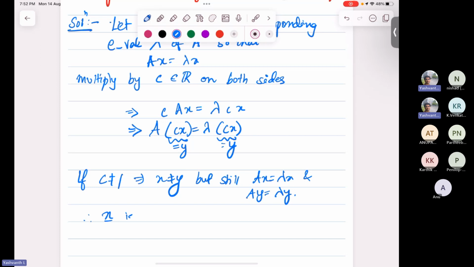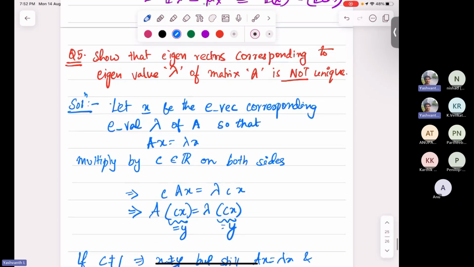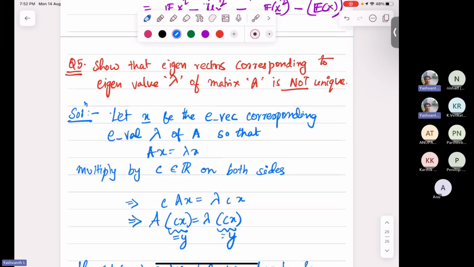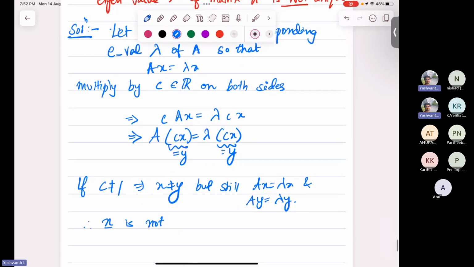Therefore, x is not unique. You cannot have just one eigenvector x corresponding to eigenvalue lambda such that Ax equal to lambda x. How is y related to x? It's a scaled version of the vector x, which gives another vector y. And I did not restrict to any particular real number. It's any real number. So let's say x equal to 1, 2.